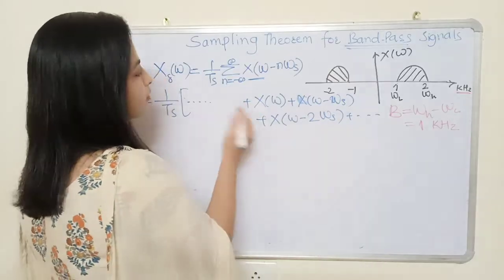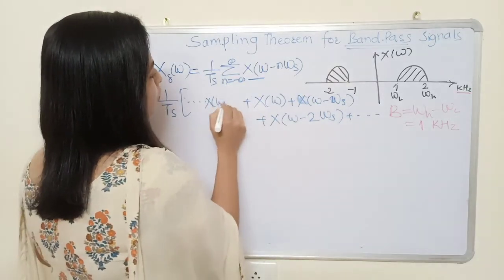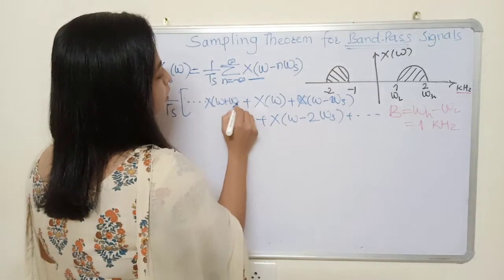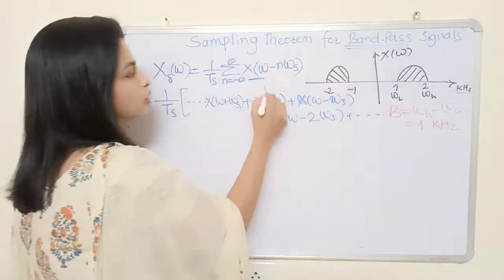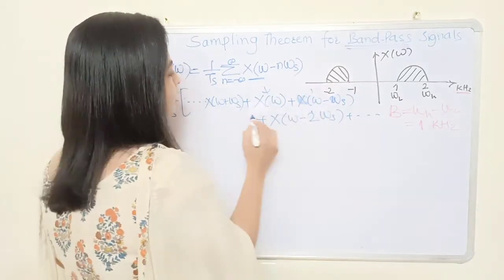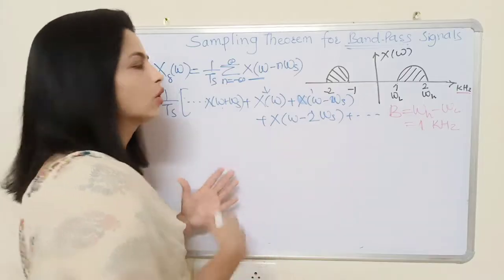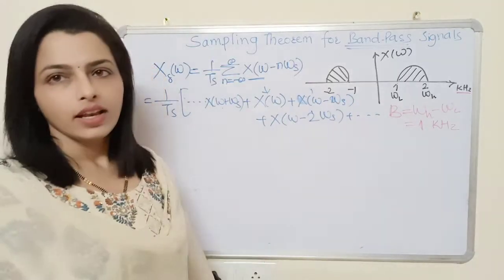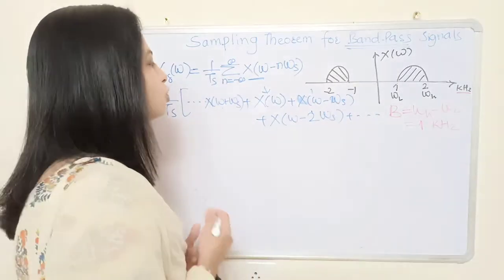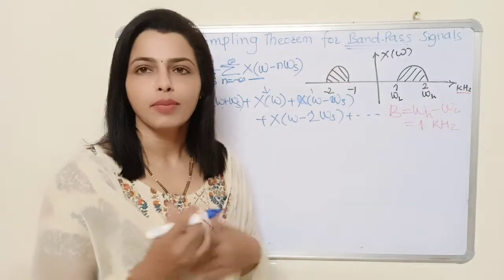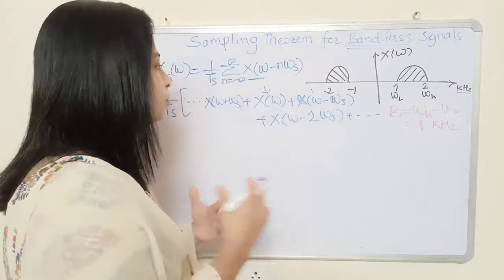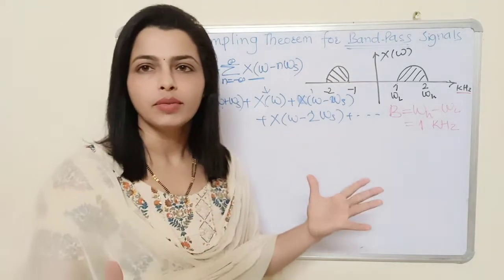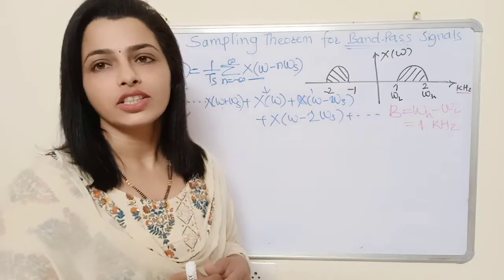And on this side we can write X of omega plus omega s. So it's the original spectrum and these are the shifted versions on the right and left hand side. Okay. We want that the original spectrum and images must not clash with each other.